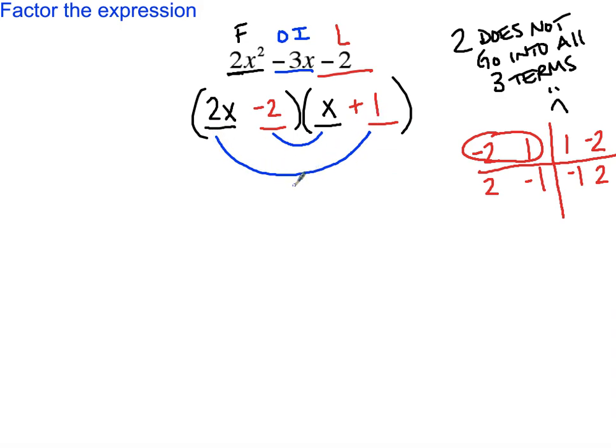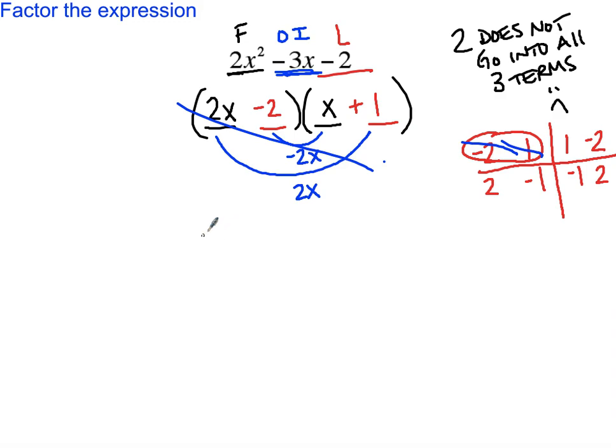The outsides make 2x. 2x times 1 is 2x. The insides make a -2x. What do you get when you add those up? -2x plus 2x is 0. That's not what we want. We want a -3x. So this is not going to be any good. That did not work.